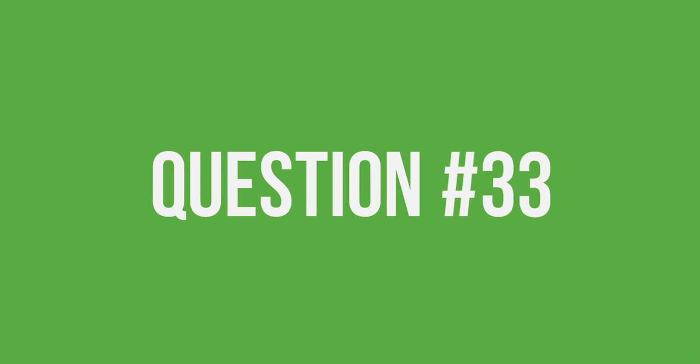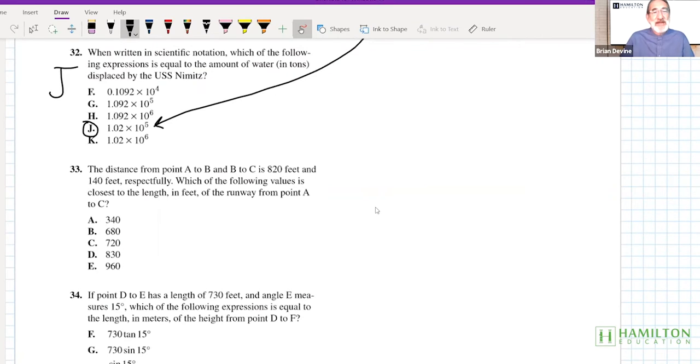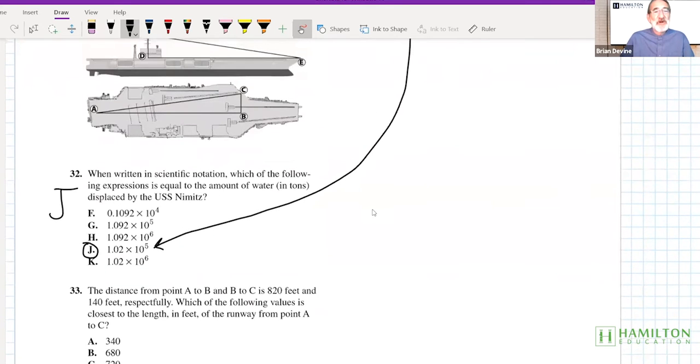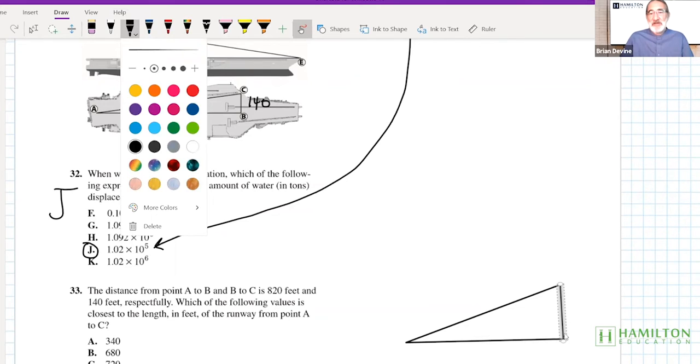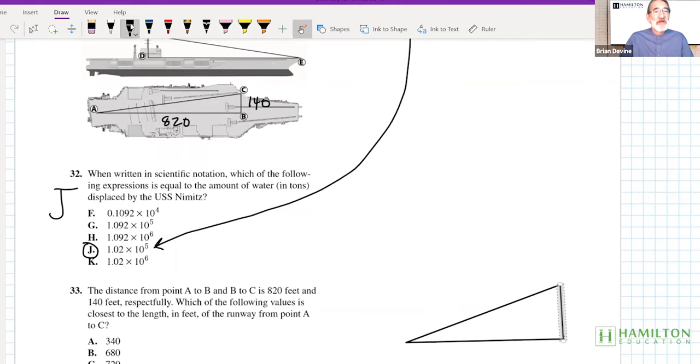For number 33, the distance from point A to B and point B to C is 820 and 140. So A to B is 820, and this is 140. So I know that this is 140. This is a right triangle, and this is 820.